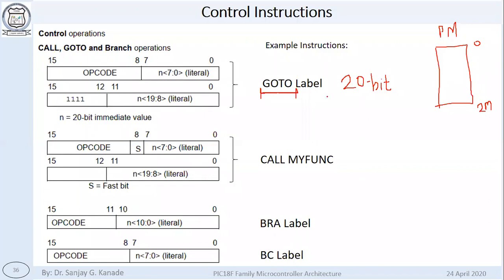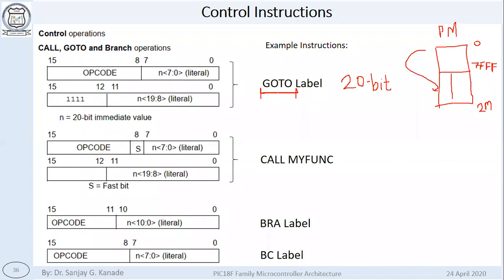So this goto instruction can have any address from this, and it can jump from any location to any location without any restriction. The only restriction will be whether that memory is available to us or not, because some part of memory is not available in the PIC18F458 IC. How much memory do we have here? Only up to 7FFF is available.